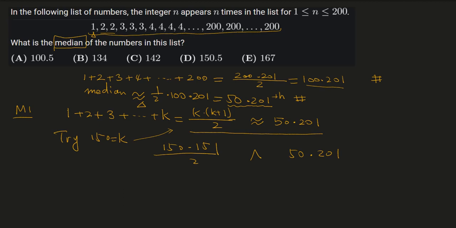Since we have a factor of 50 on the right-hand side, let's make a factor of 50 on the left-hand side as well. So we have 50 times 3/2 times 150. We want to compare this with 50 times 201.